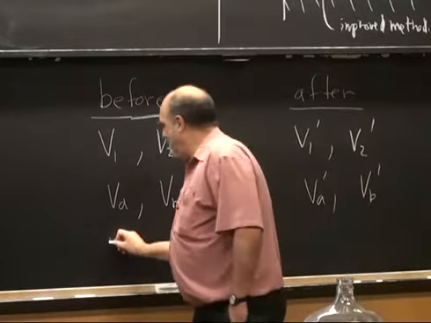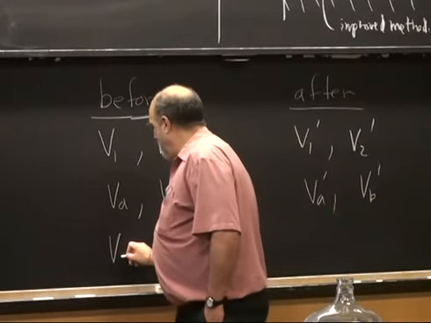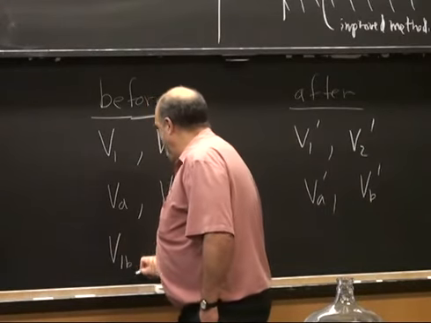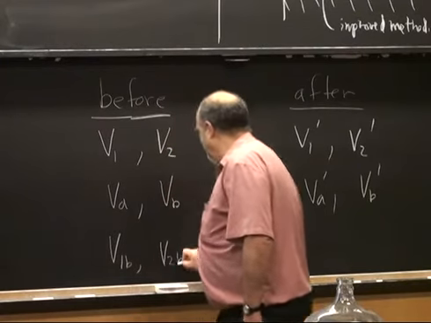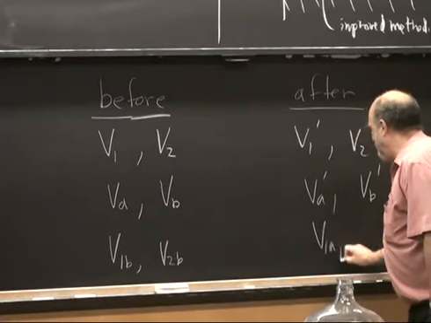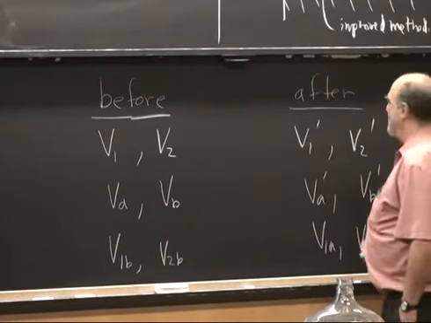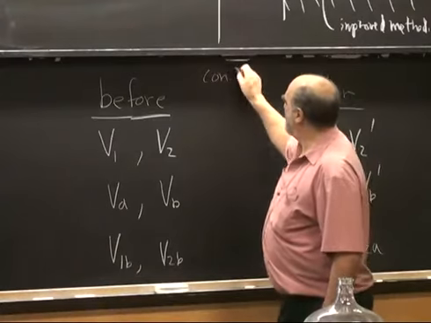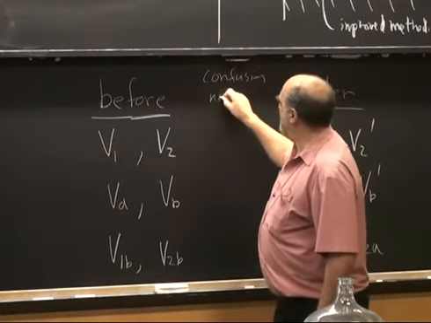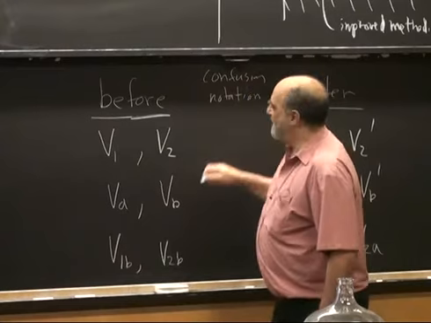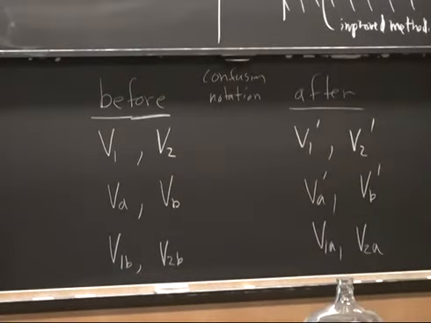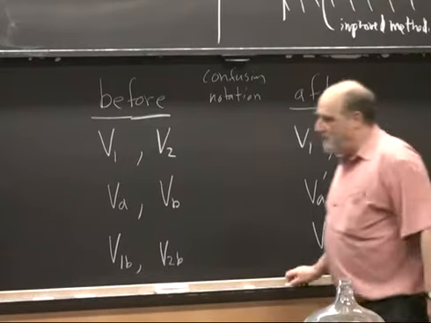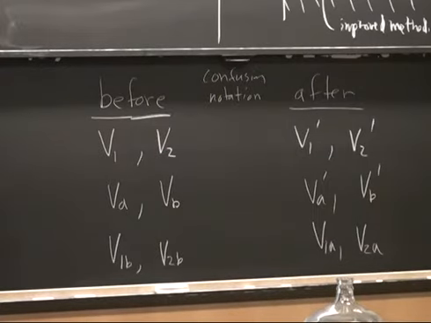And another thing we could have is V1 before and V2 before and V1 after and V2 after. So what I want to show you here is that there's confusing notation. The confusion is sometimes you use A and B for blocks A and B, and sometimes you use A and B for after and before. This is not a technical point. This is just a confusing point in the notation in terms of how different people write things. And I write things sometimes one way, sometimes another.